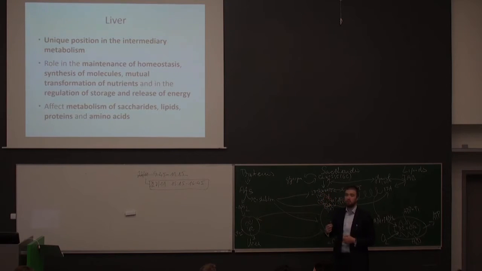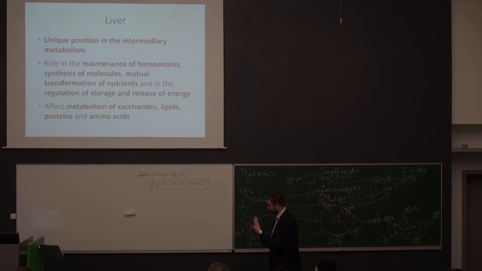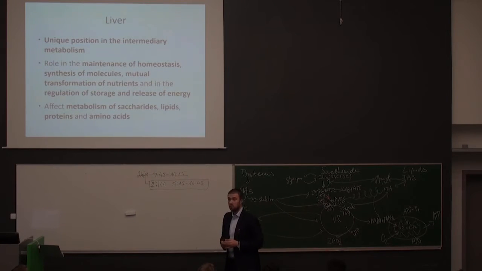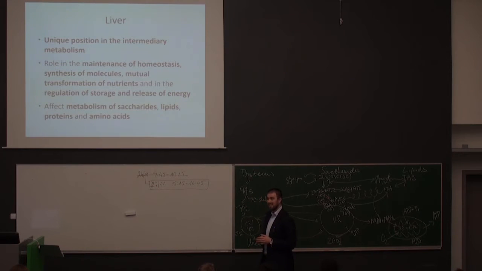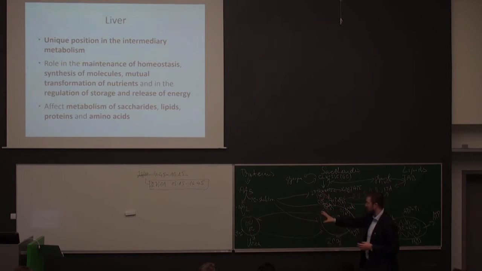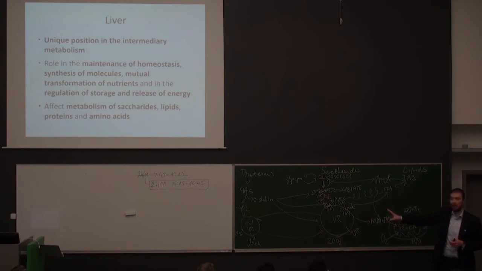Then we have, for example, brain or adipose tissue that has one big significant role, and the other roles are more minor. If we start with the liver, inside the liver you do almost everything. Almost all enzymes, all metabolic pathways can to some extent proceed in liver. There are some exceptions, but this scheme you can say exists as a whole in the liver.